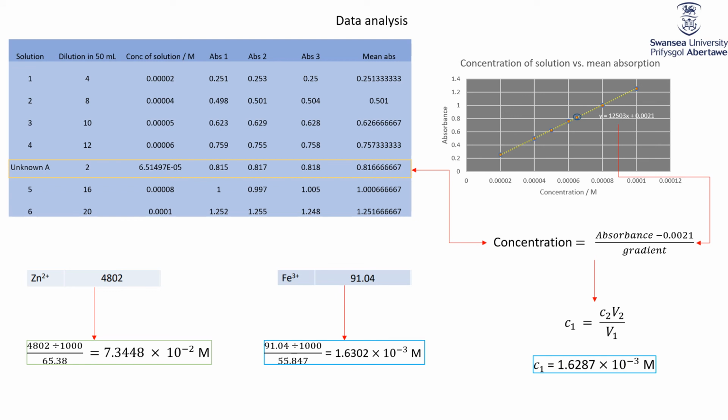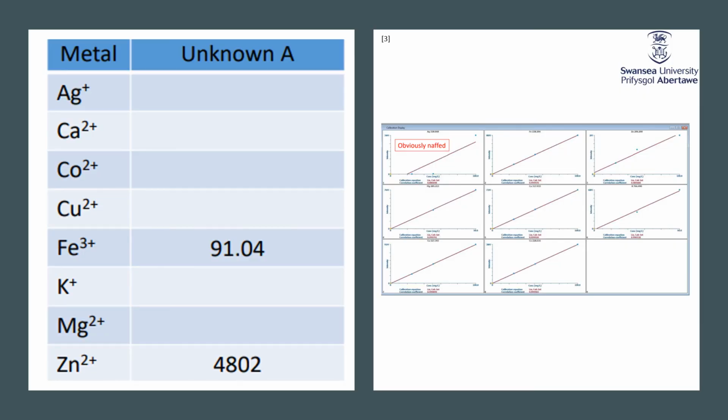A zinc 2 plus solution was also tested in the ICP method and gave us a value of 4,802 milligrams per liter and was converted in the same method to 7.3448 times 10 to the minus 2 molar. The ICP analysis run on this sample showed only 2 of the 4 present ions in this solution.